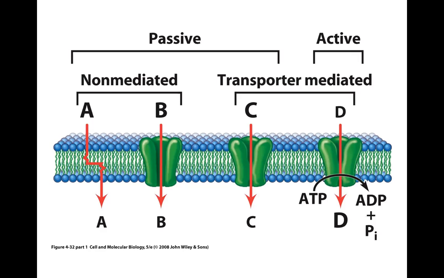So the only glucose transporter that is responsive to insulin, the only glucose transporter that will be moved to the membrane when insulin signaling is found, is GLUT4.